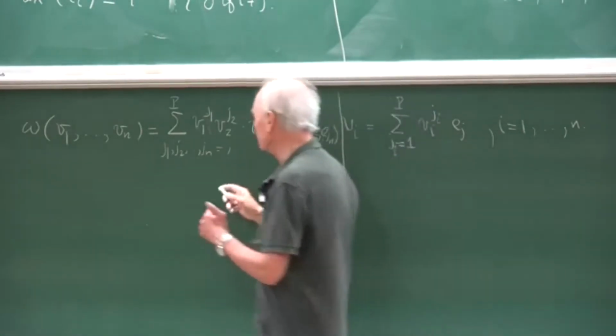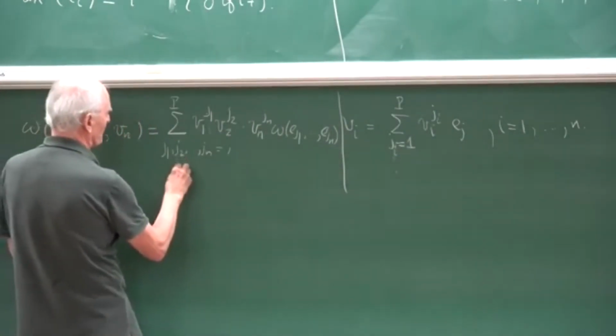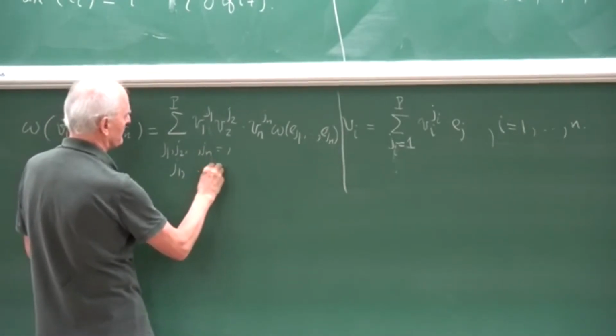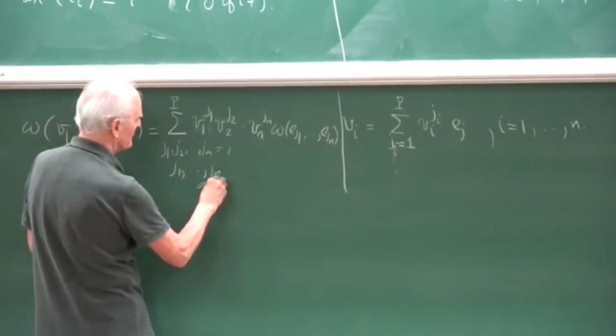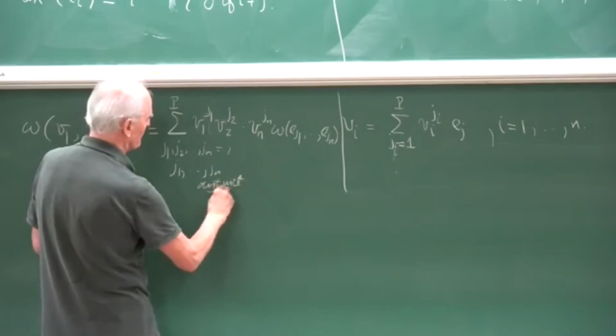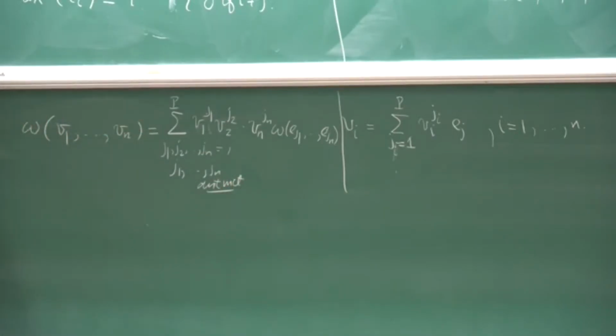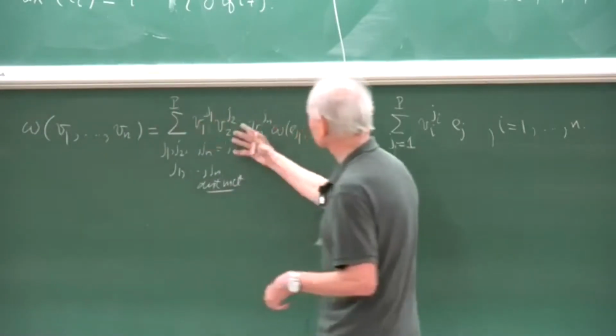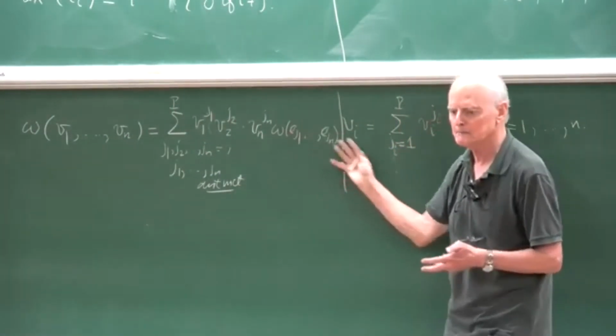So we can certainly stipulate that j1 up to jn are distinct, because all the other terms are 0 because of this alternating property. So you can drop all the other terms, they're all 0. Okay, that's good. And now we've got to work out how to sum this in a sensible way.